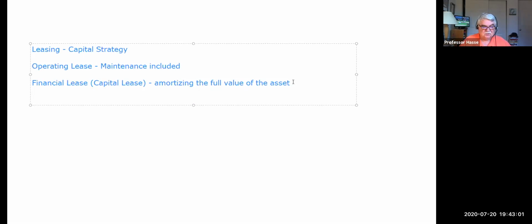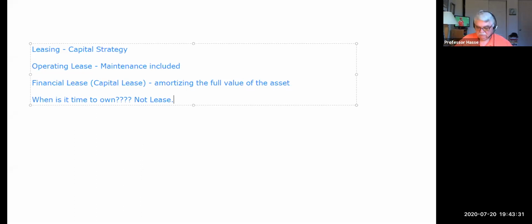But the key question for financial strategy is, when is it time to own, not lease? When should you make the decision that now you should hire people full time, pay them the fringe benefits? Now you should purchase those buildings, purchase that equipment.